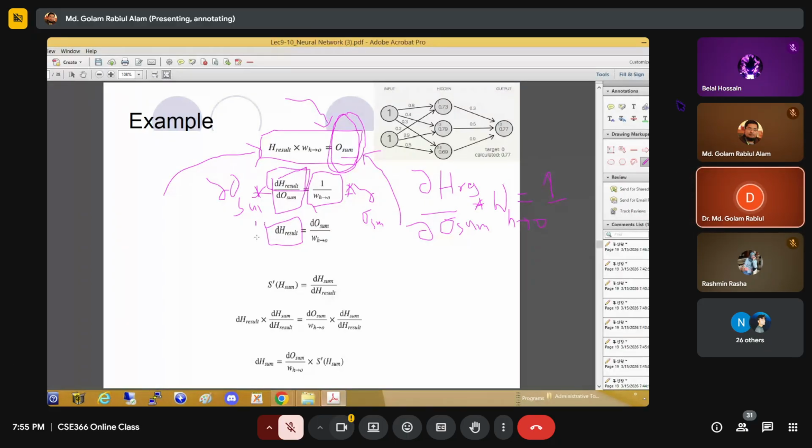And on the right hand side we will get delta O sum by WHO. So delta hidden results equals delta O sum by WHO.